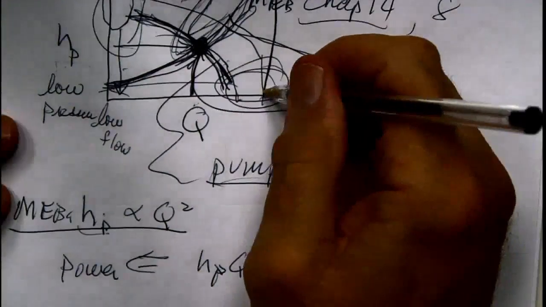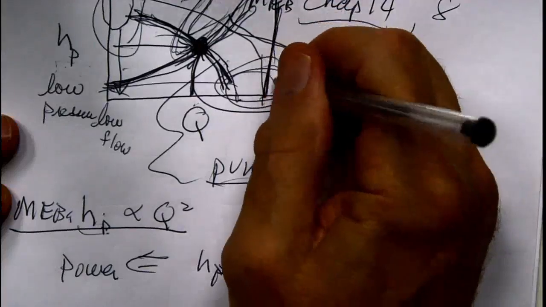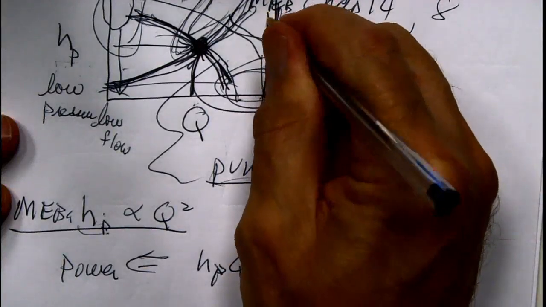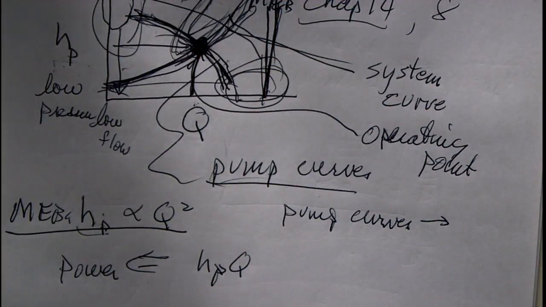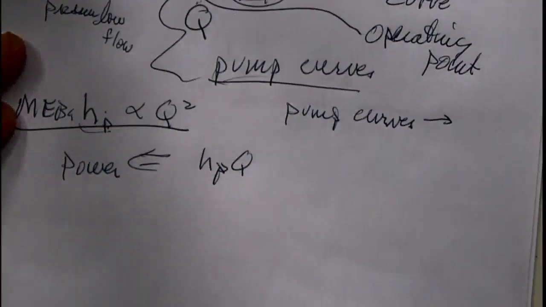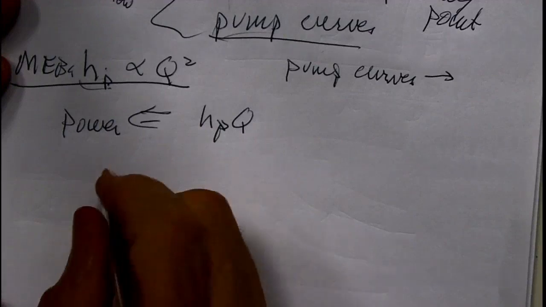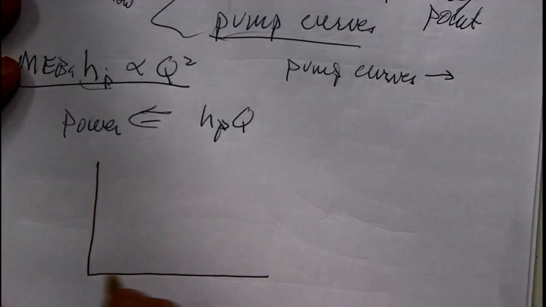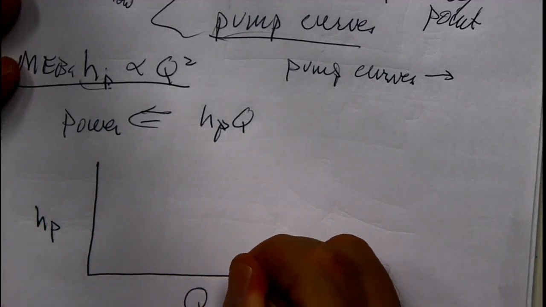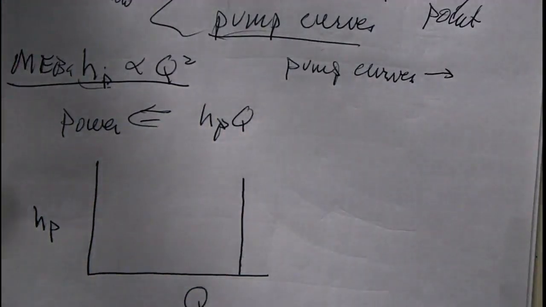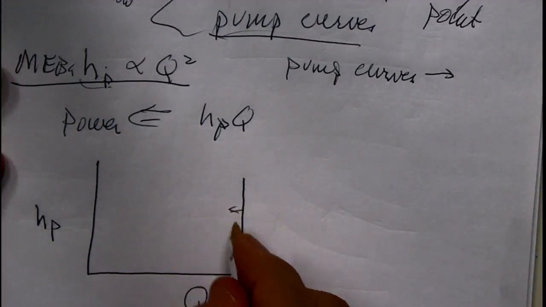Now, positive displacement pumps: these pump curves are very much vertical. For a positive displacement pump, an entirely different design, the pump curve often looks like that, with a slight tilt this way.